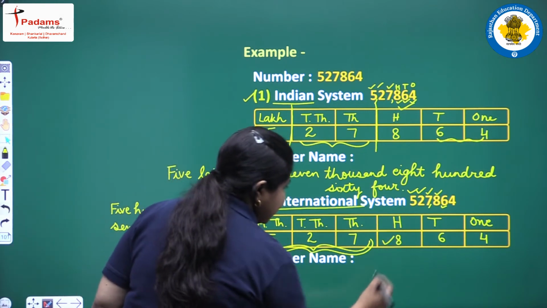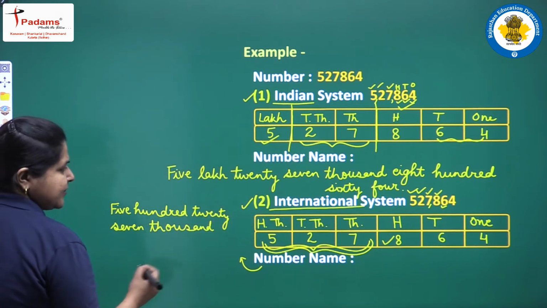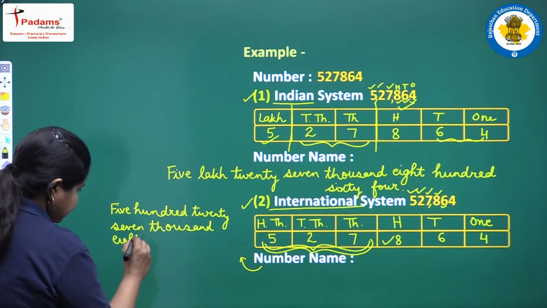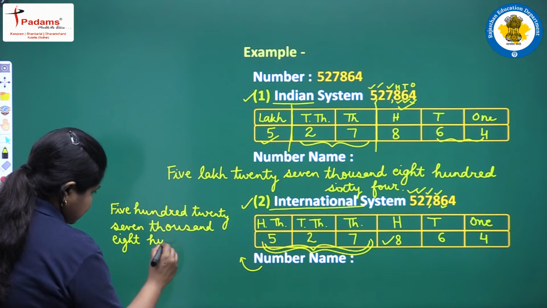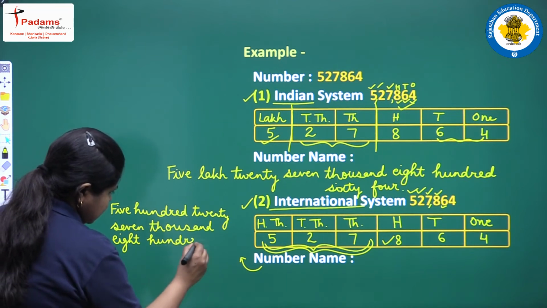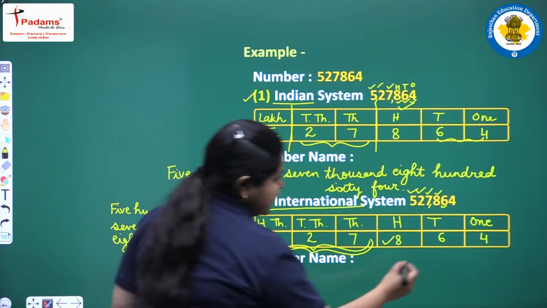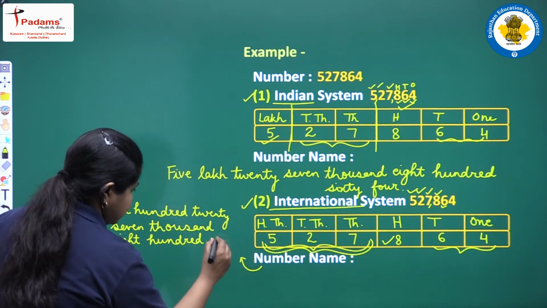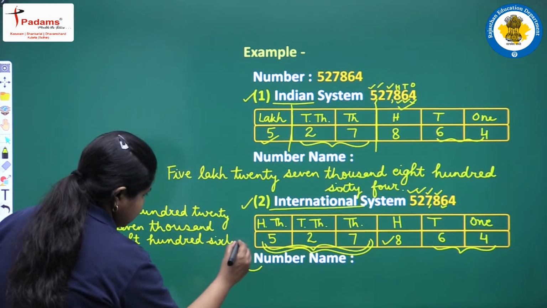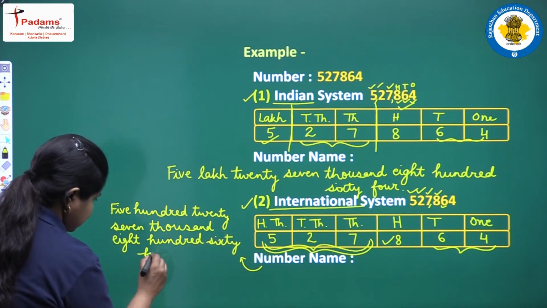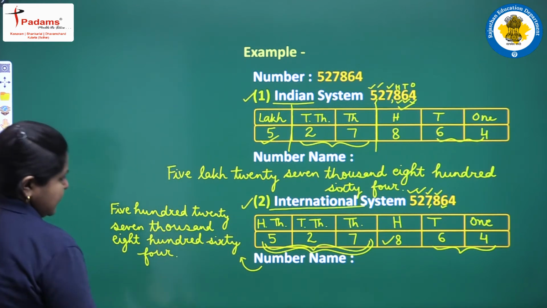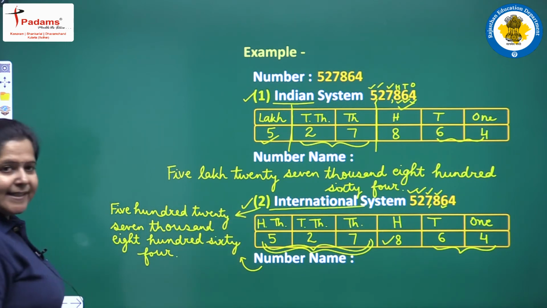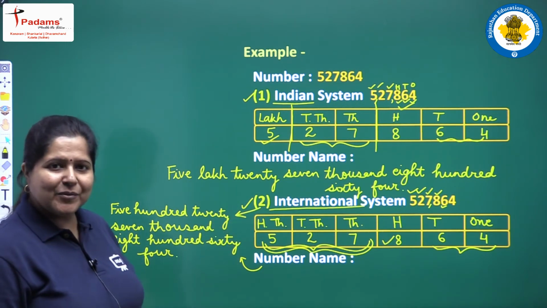Then we have 800 because it is at hundreds place value. Then we have 64. This is the number name according to international system of numeration.